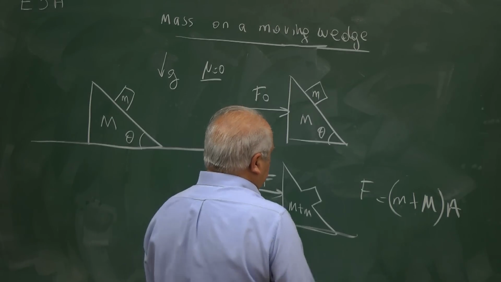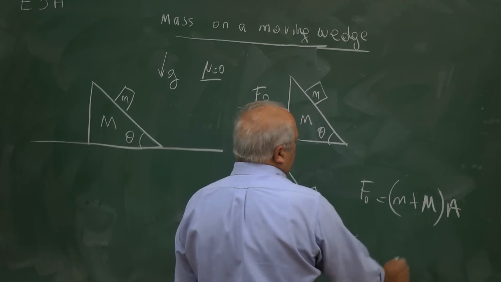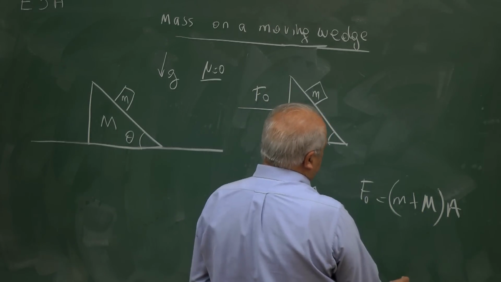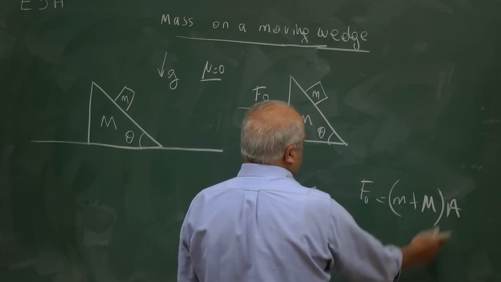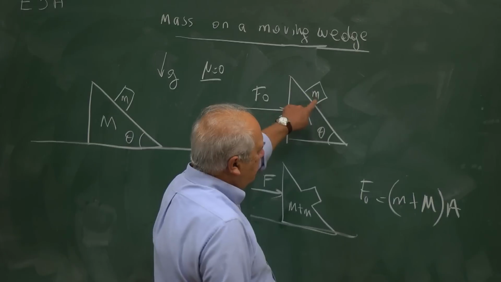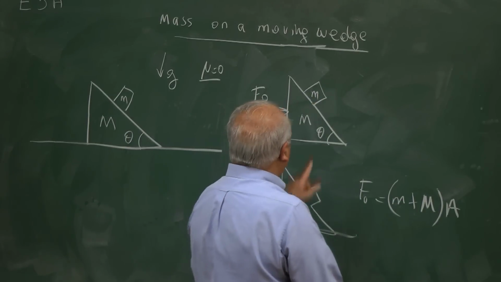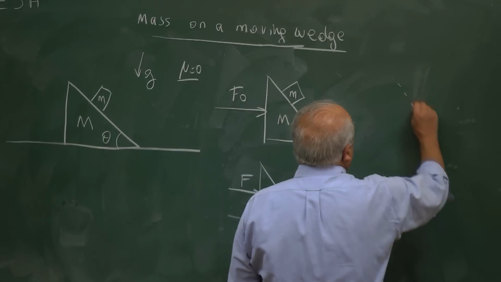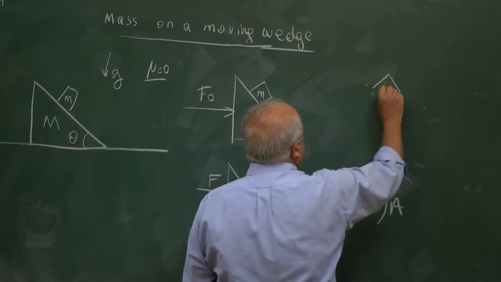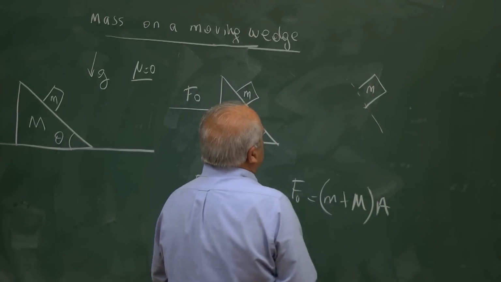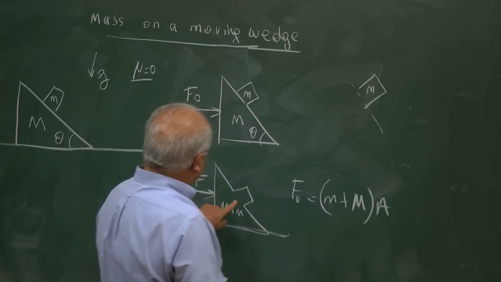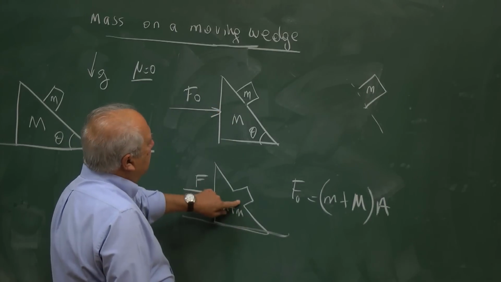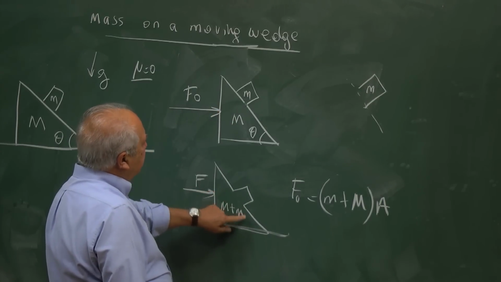What is F? Well, we can't solve from here because we don't know F0 and therefore we don't know this a. Therefore, we need to isolate this body. Now, this body has no relative motion.